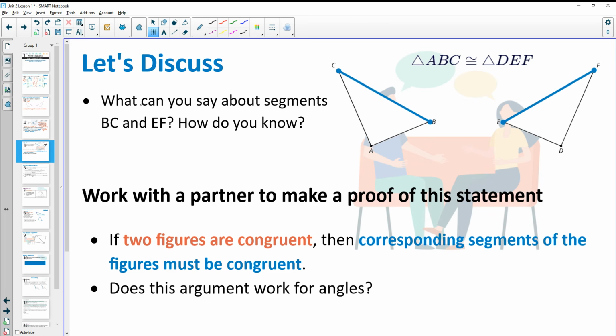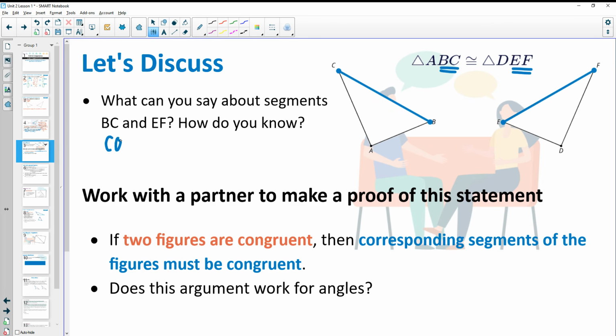All right, so then let's discuss this. So what can you say about segments BC and EF? So those two landed on each other, okay, and we can see them in the correct order here. They're both in like the last two spots.